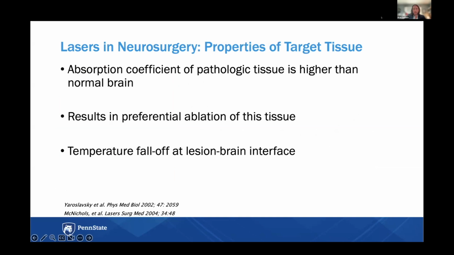The properties useful in neurosurgery: the absorption coefficient of pathological tissues is typically higher than normal brain, resulting in preferential ablation of that tissue, and there's a steep fall off of temperature at the brain lesion interface. These are some of the physical properties that afford tight ablation within the brain.